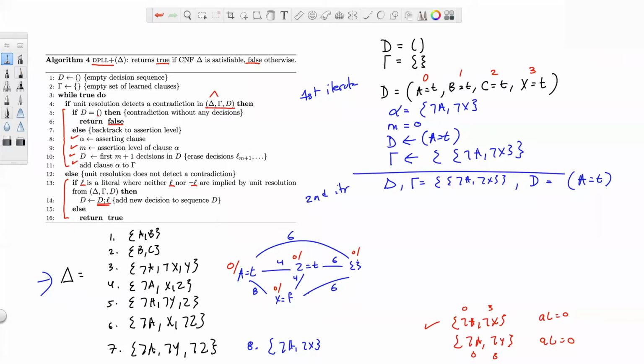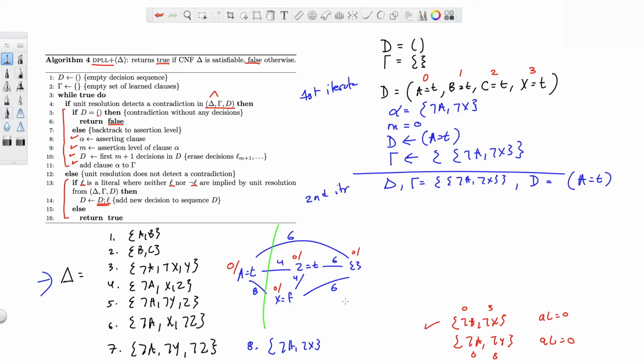So now I need to repeat the same process and find an asserting clause. Let's look at the cuts in this case. This cut here leads to a conflict set that only has a single setting, A equals true.